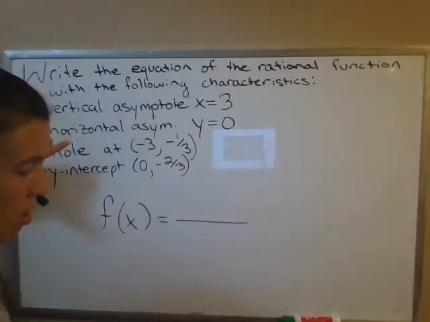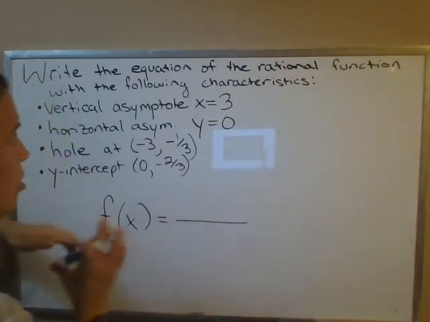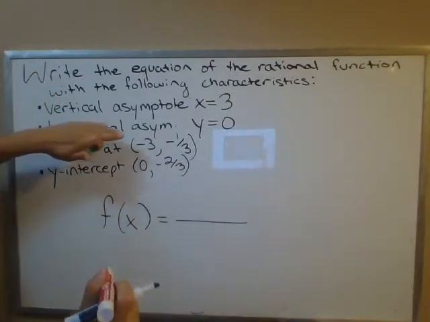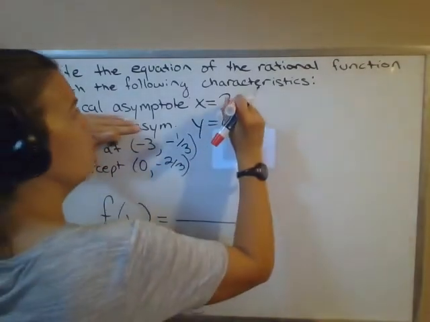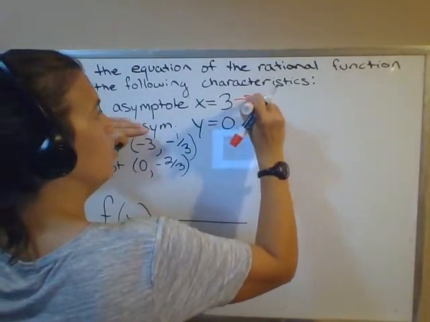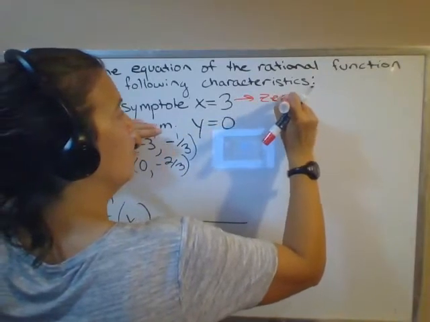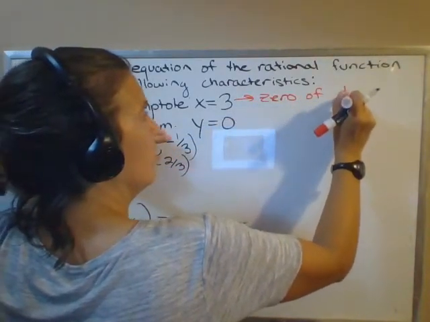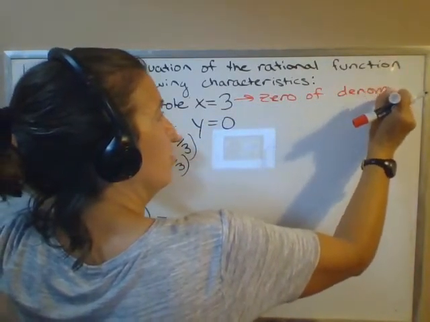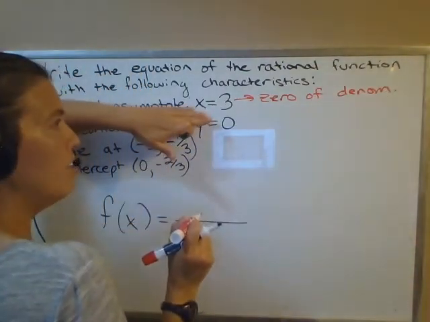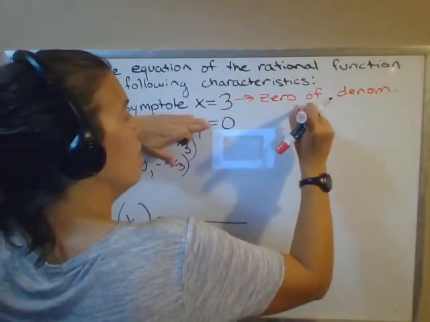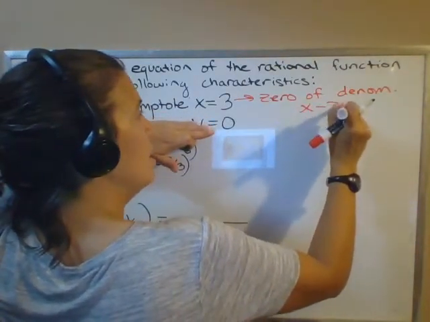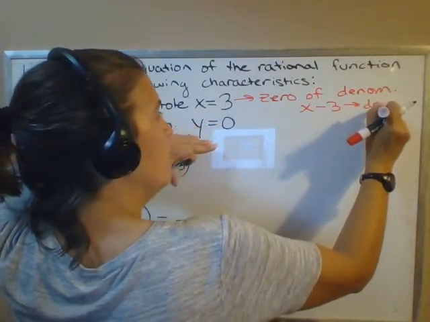Again, it helps to build this function. Think about where each of these traits come from in terms of the equation. So vertical asymptotes correspond to zeros of the denominator. So if x equals 3, that comes from setting the denominator equal to 0, then x minus 3 must be a factor in the denominator.